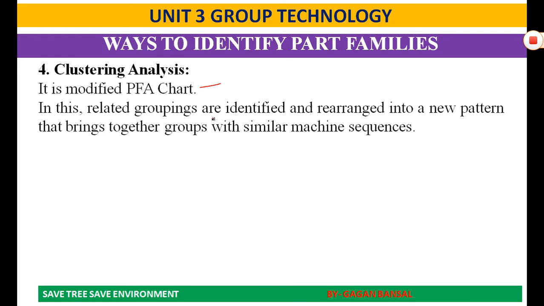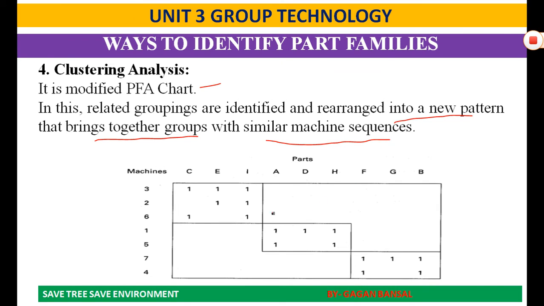In this, related groupings are identified and rearranged into a new pattern that brings together groups with similar machine sequence. What I mean to say is, this is a cluster analysis, that is a modified PFA chart. I'll show you with a comparison. First let us understand what this clustering analysis is. Part C is manufactured by machine 3 as well as machine 6.